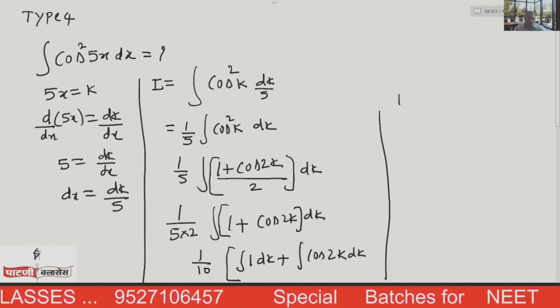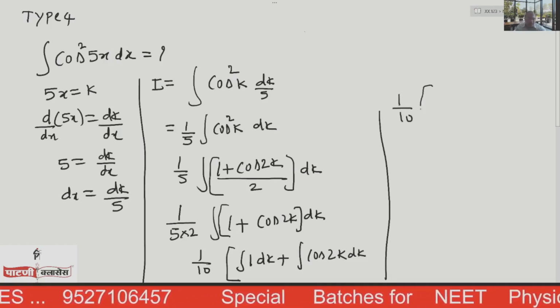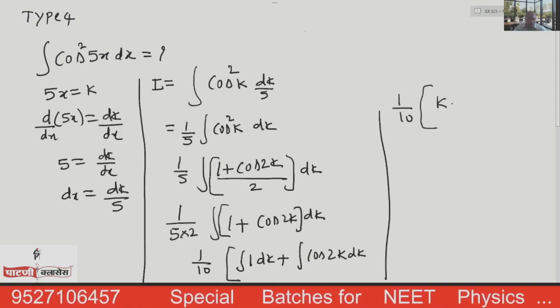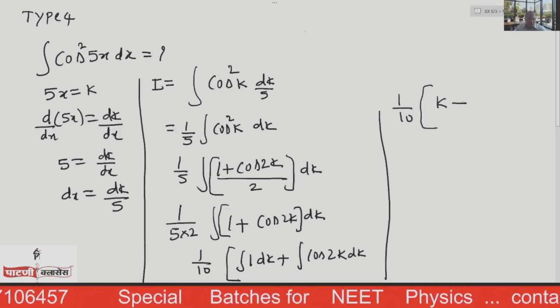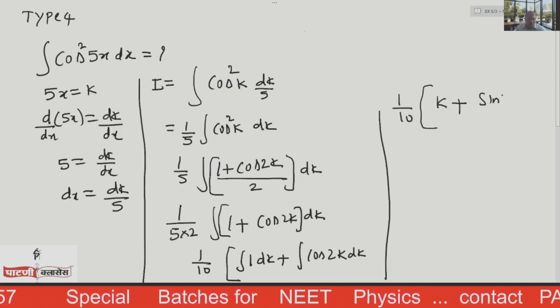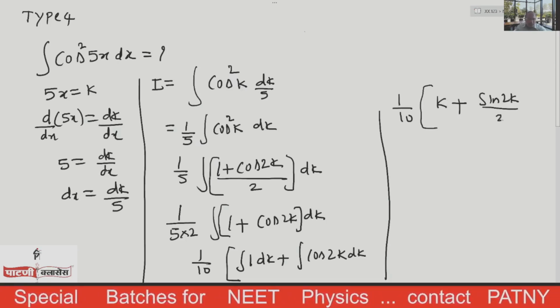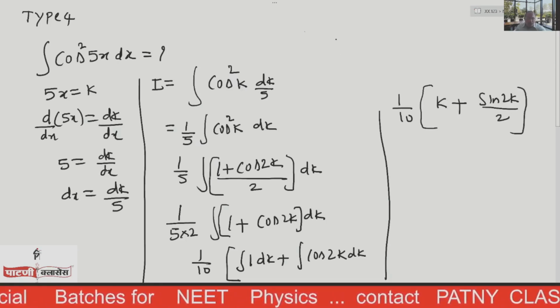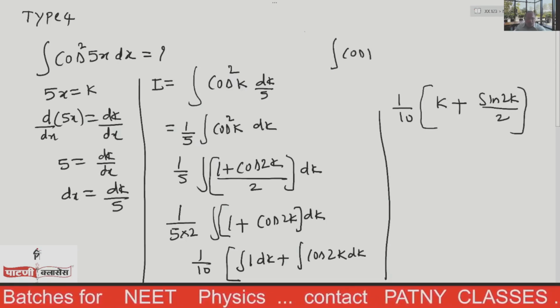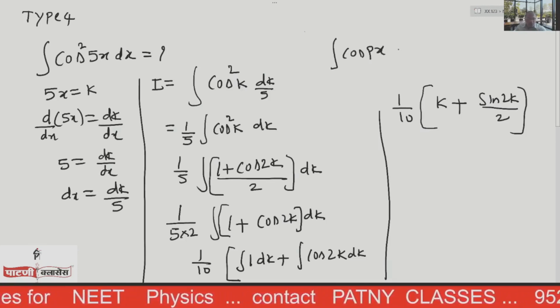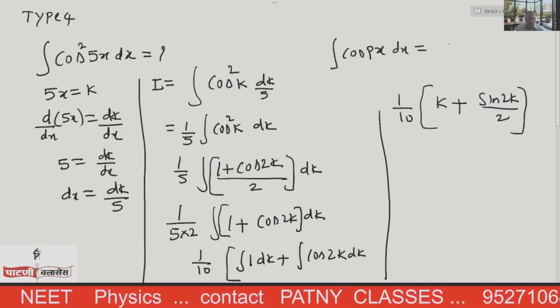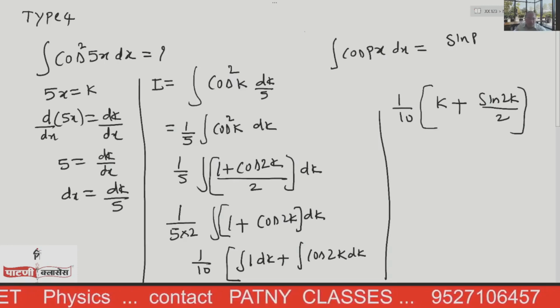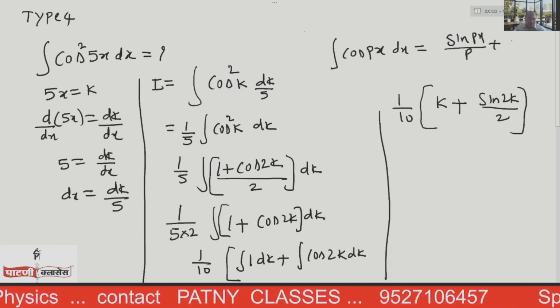Now 1 upon 10, integration of 1 is k, and integration of cos 2k is sin 2k upon 2. As I already told you, the shortcut for integration of cos px with respect to x is equal to sin px upon p plus c.